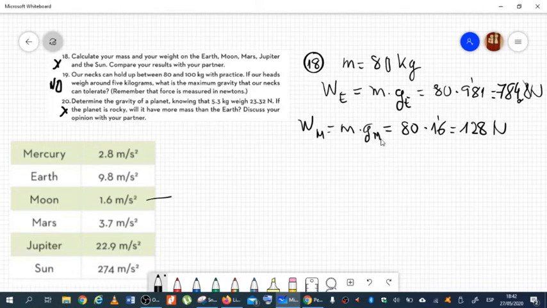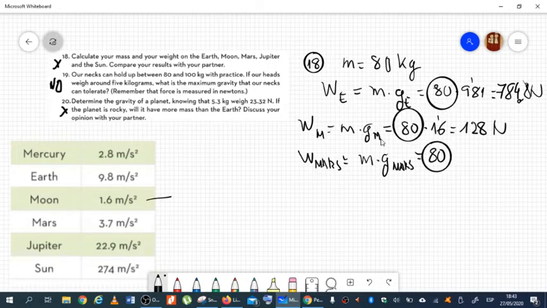Now, the gravity on Mars. The weight on Mars is the mass multiplied by the gravity on Mars. So the body is always the same body. The mass is always the same. The gravity is 3.7. It is smaller, can you see? Smaller than on Earth.